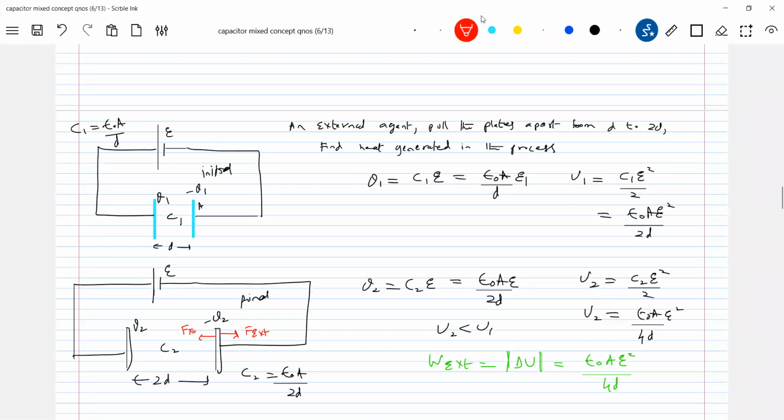So let's see that. Look at the charge on a plate. Earlier Q1, now Q2. Q2 is less than Q1 from the data. So some charge has left, no? So charge will flow like this.